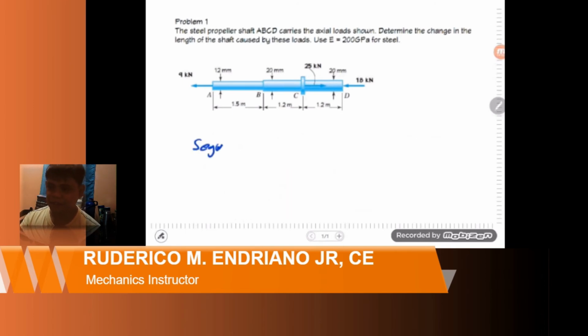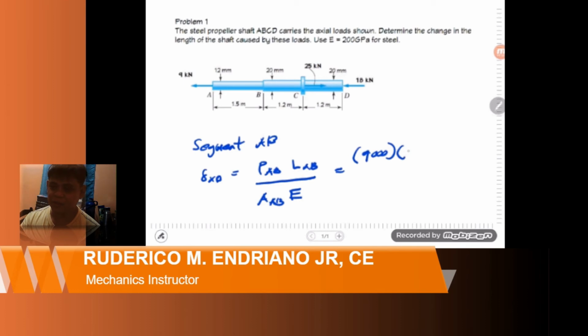Let's start with segment AB. Using the formula, the change in length in AB is equal to the load at AB times the length of AB divided by the cross-sectional area of AB and the modulus of elasticity. We know that the load AB is equal to 9 kilonewton. To make it Newton, we multiply that by 1000, so we have 9,000 Newton.